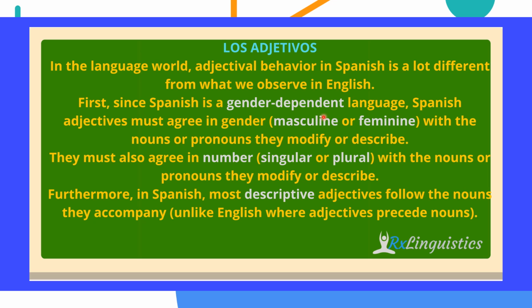So those characteristics in Spanish are called gender dependency. In Spanish, it's referred to as el género, which is gender. Another characteristic of Spanish, and that one is shared with English, is nouns. When you have a plural of a noun, when you have many of something, that becomes plural.